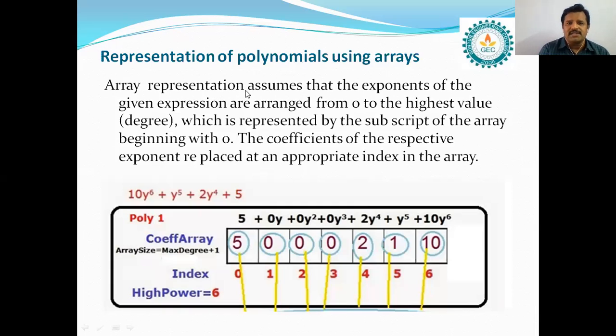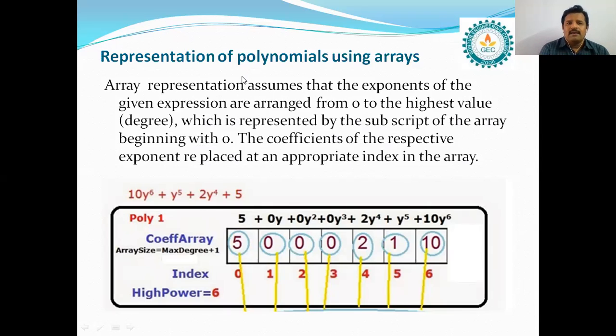An array representation assumes that the exponents of the given expression are arranged from 0 to the highest value, that is the degree, which is represented by the subscript of the array beginning with 0 to n minus 1. The coefficients of the respective exponents are placed at the appropriate index in the array.